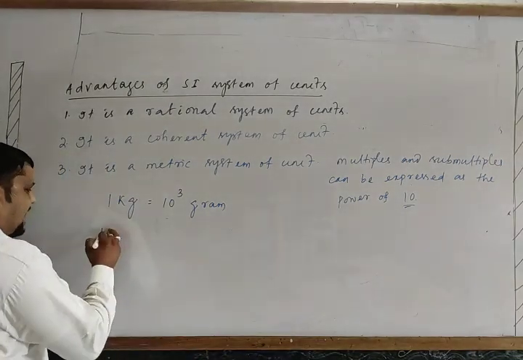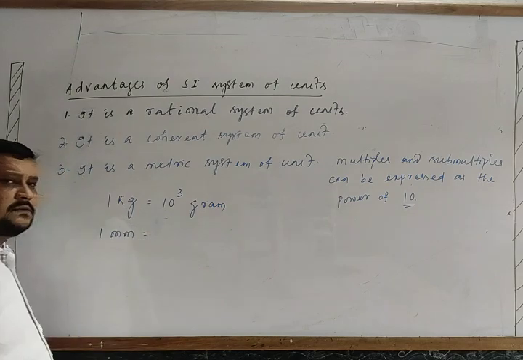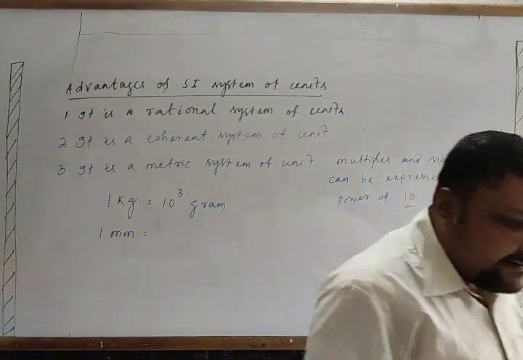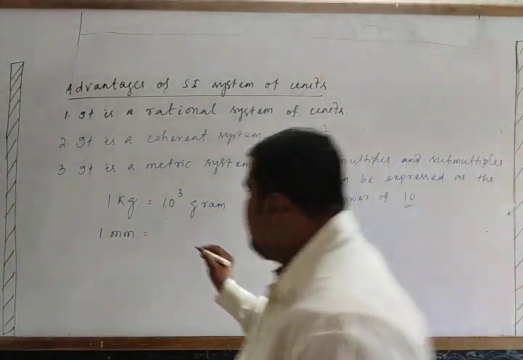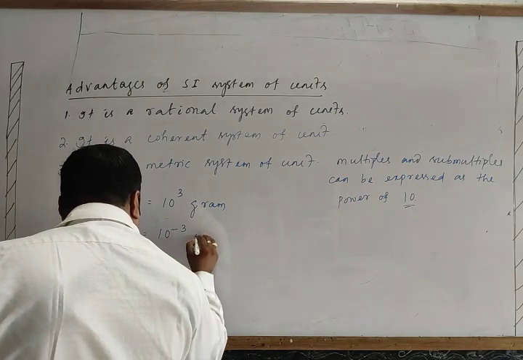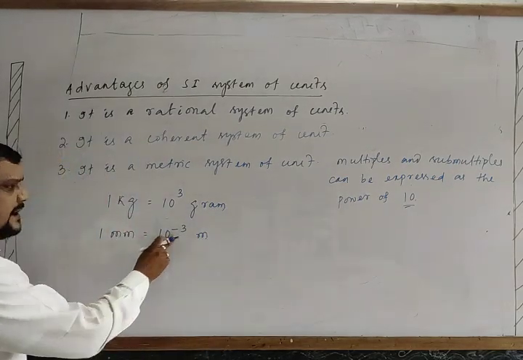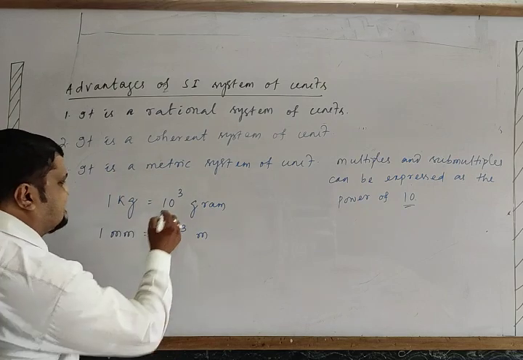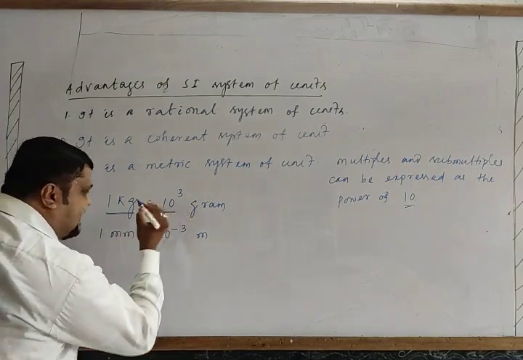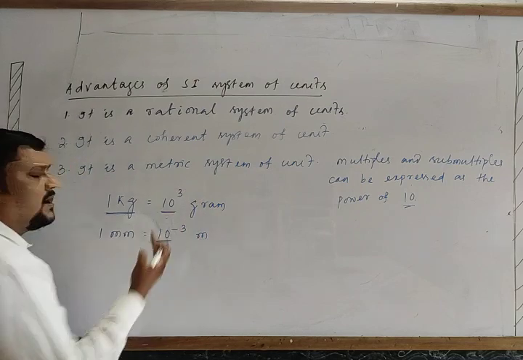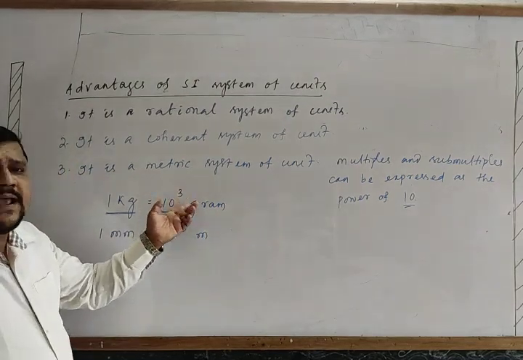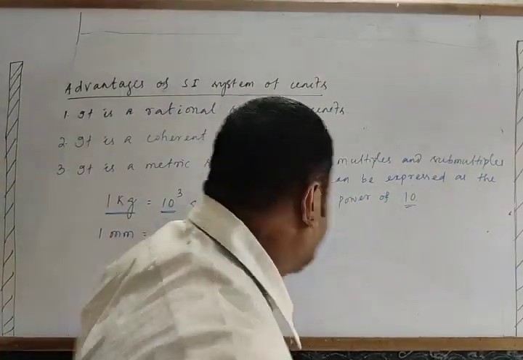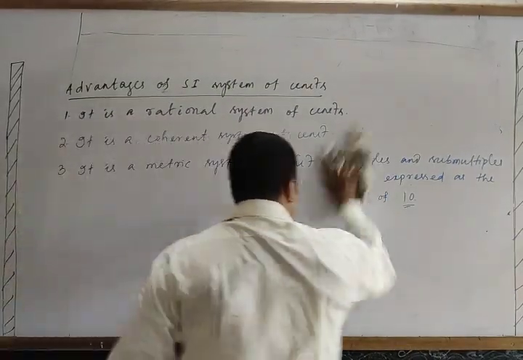Suppose I ask you 1 millimeter. 1 millimeter is equal to 10 to the power minus 3 meter. So it is a submultiple. Negative means submultiple. To express that 1 kg, I can use 10 with the multiple or submultiple, minus 3, 2, 5, 9, whatever. So it is a metric system of unit.